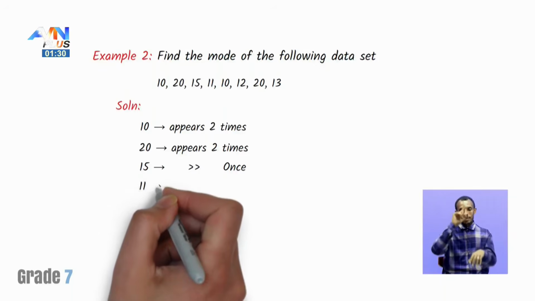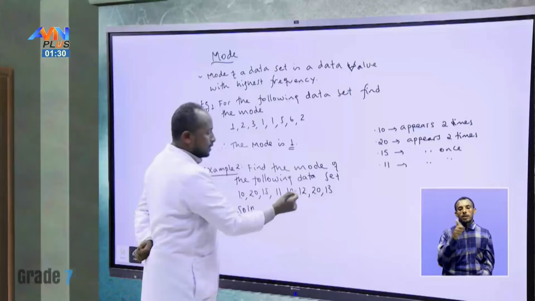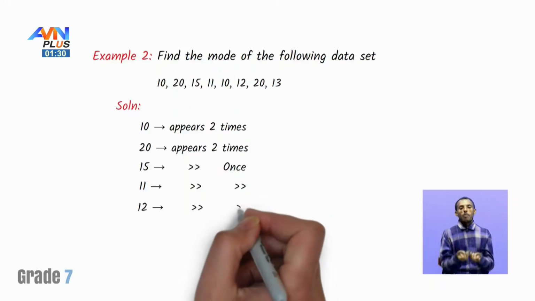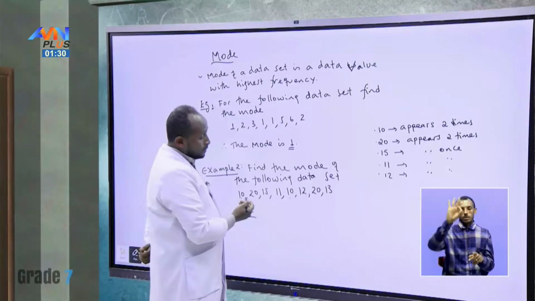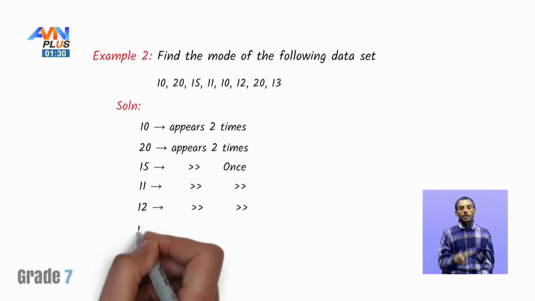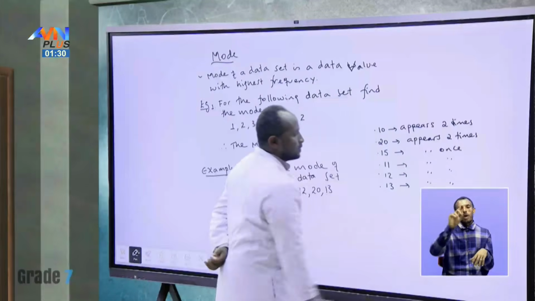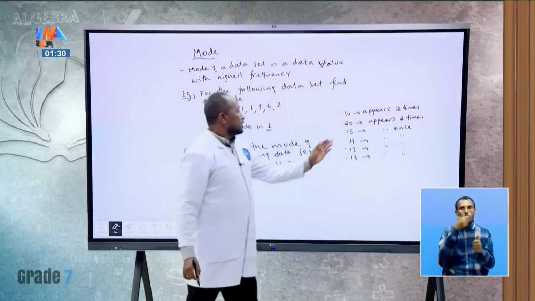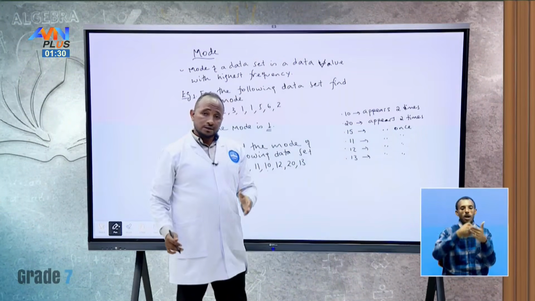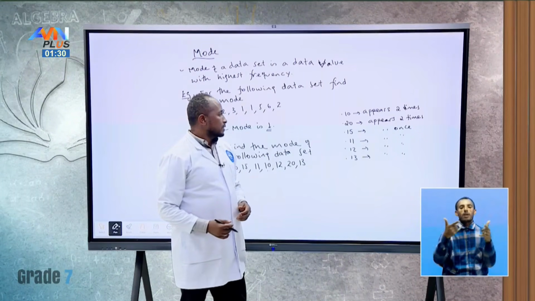We have only one 11. Let's see 12. 12 also appears once. Okay, 13 also appears once.